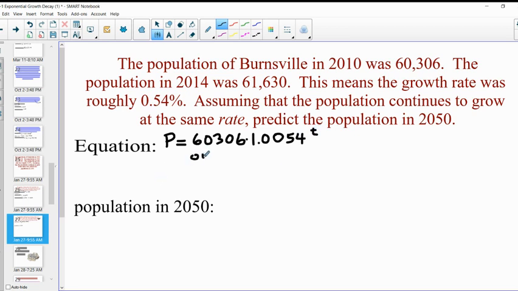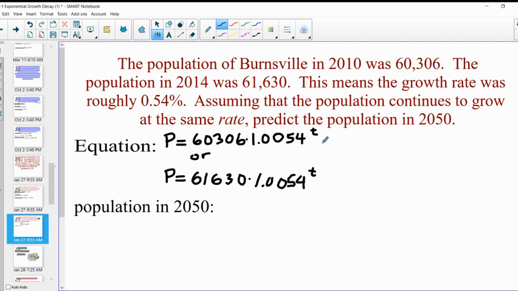Or if I want to say that the year 2014 is my year 0, then my population starts at 61,630. Excuse me, I must be slightly dyslexic on this number. 61,630 times 1.0054 to the t power.